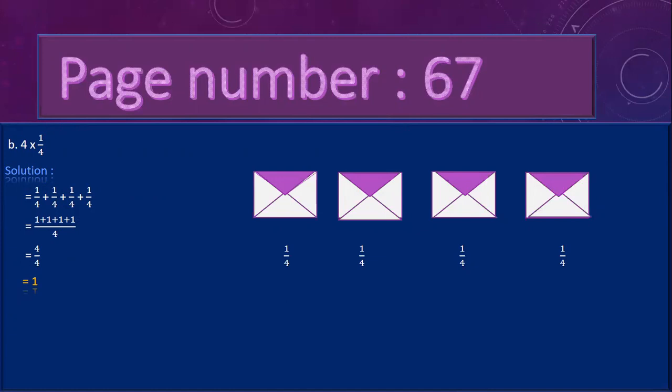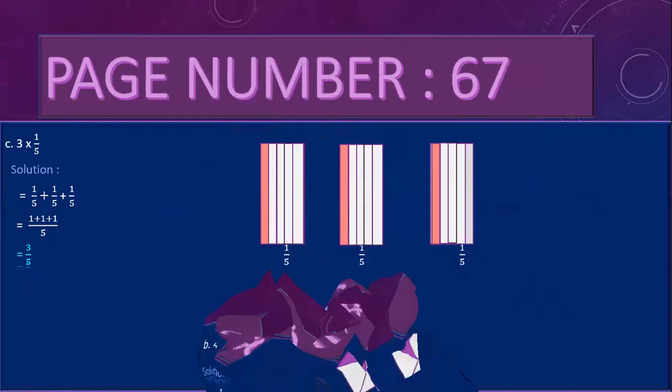After adding these 4 fractions, we get 4 over 4, or you can also say 1, because the lowest form of 4 over 4 is 1. And in the question, 4 multiply 1 by 4 is also 1. So the multiplication and the addition are both the same. The C part is 3 multiply 1 by 5.